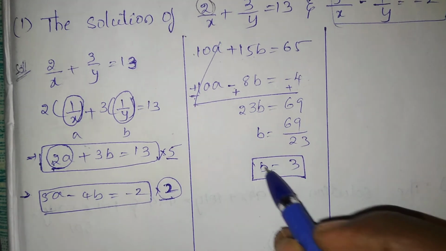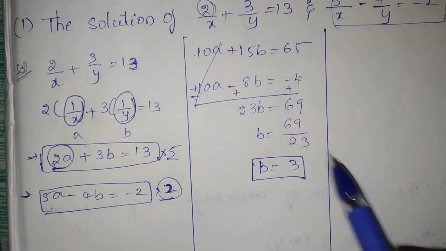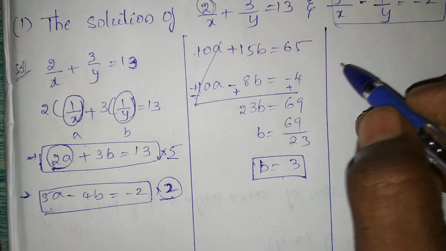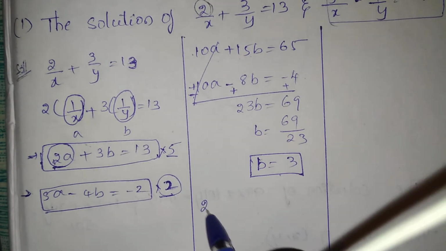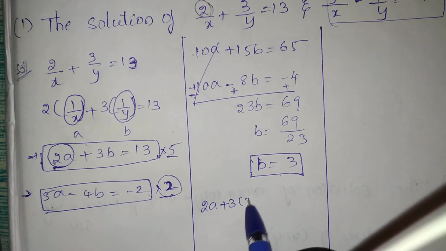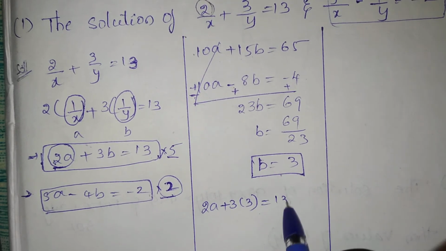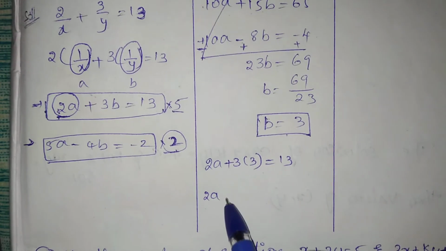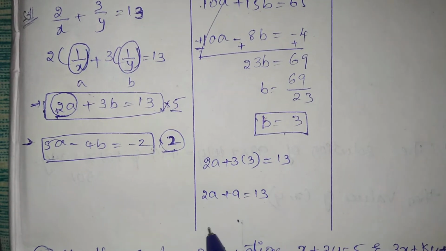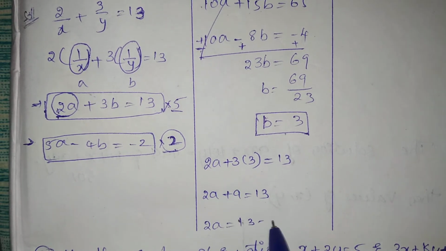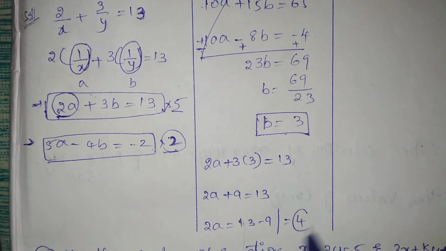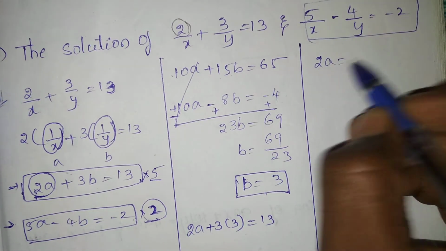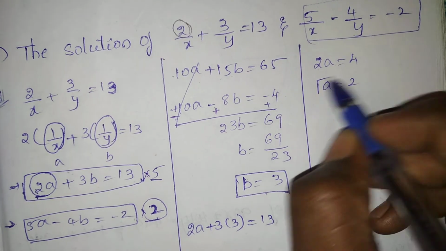I am substituting b is equal to 3 in any one equation of this, so that I am going to get the a value. 2a plus 3 of 3 is equal to 13. 2a plus 9 is equal to 13. 2a is equal to 13 minus 9, that is equal to 4. 2a is equal to 4. a is equal to 2.